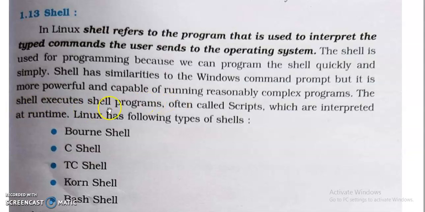The shell executes shell programs, often called scripts, which are interpreted at runtime, and Linux has the following types of shell: Bourne shell, C shell, TC shell, Korn shell, and Bash shell.